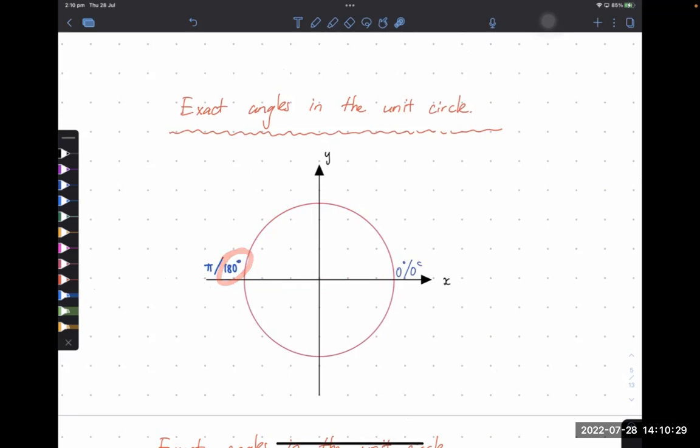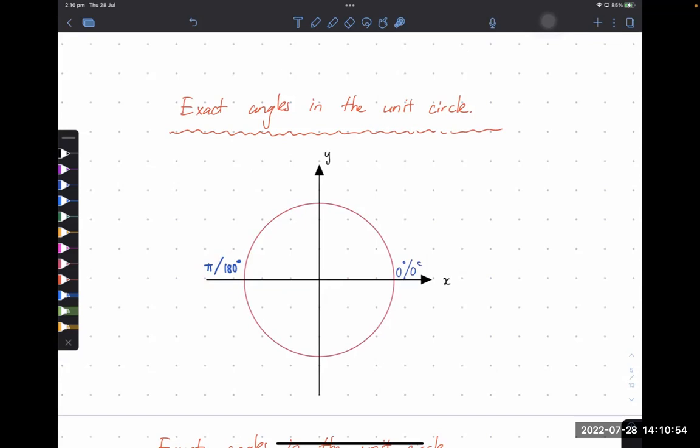Now I put degrees there for you to make reference, but what I'm really focusing on is radians, okay? So we're going to talk about radians. Just focus your lens on radians, because once we start dealing with fractions, it's going to be much easier than saying 135 degrees, for example.